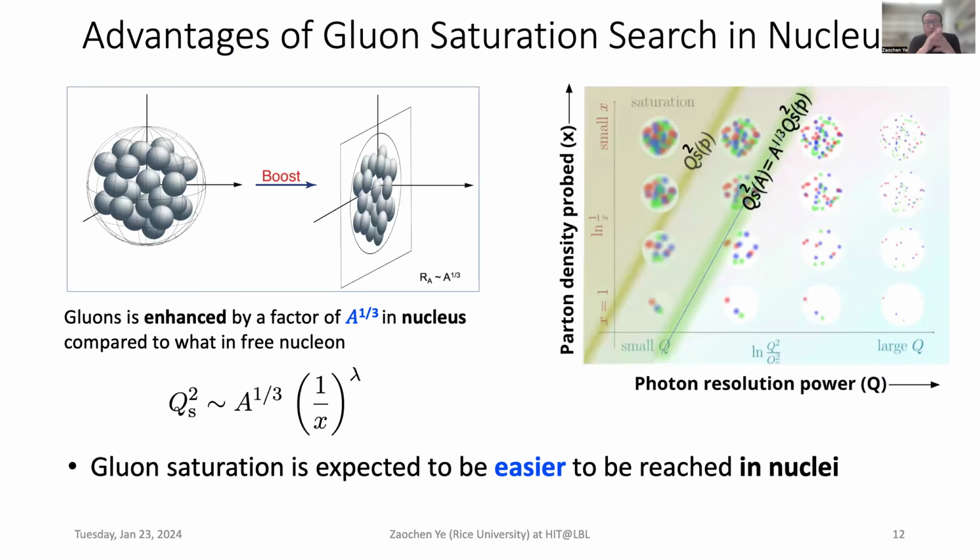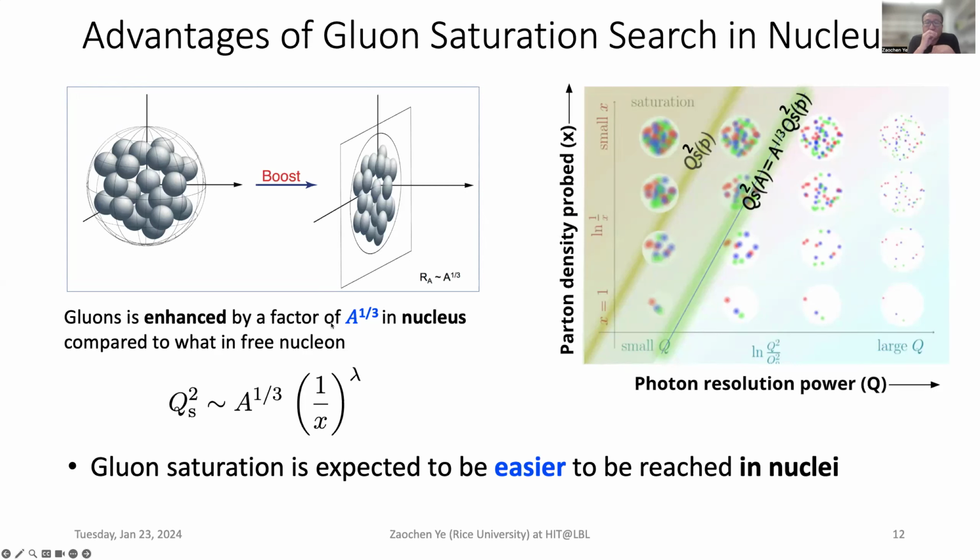So while the search for gluon saturation in a proton or a free nucleon is so difficult, the natural idea is to look at objects which have much higher gluon densities. The gluon density inside the nucleus is enhanced by a factor A^(1/3).